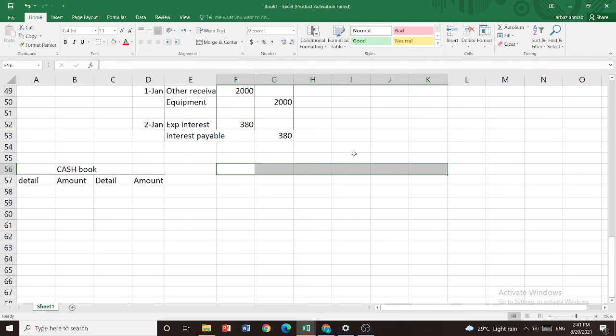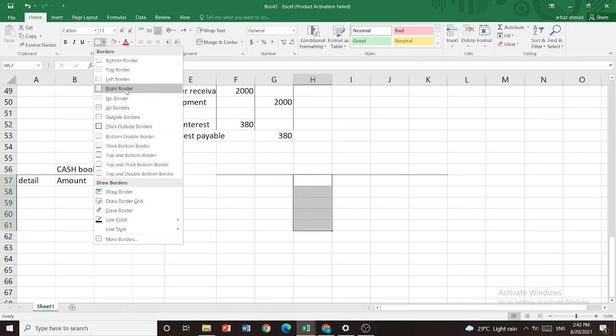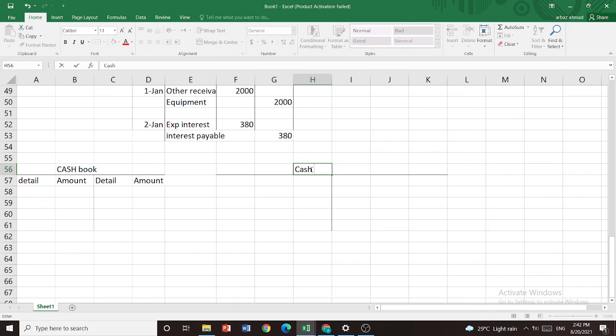Here you will have bank column and then cash column. Here also you will have bank column and cash column. Here you will have details. So basically that specifies whether you are paying through cash or through bank.